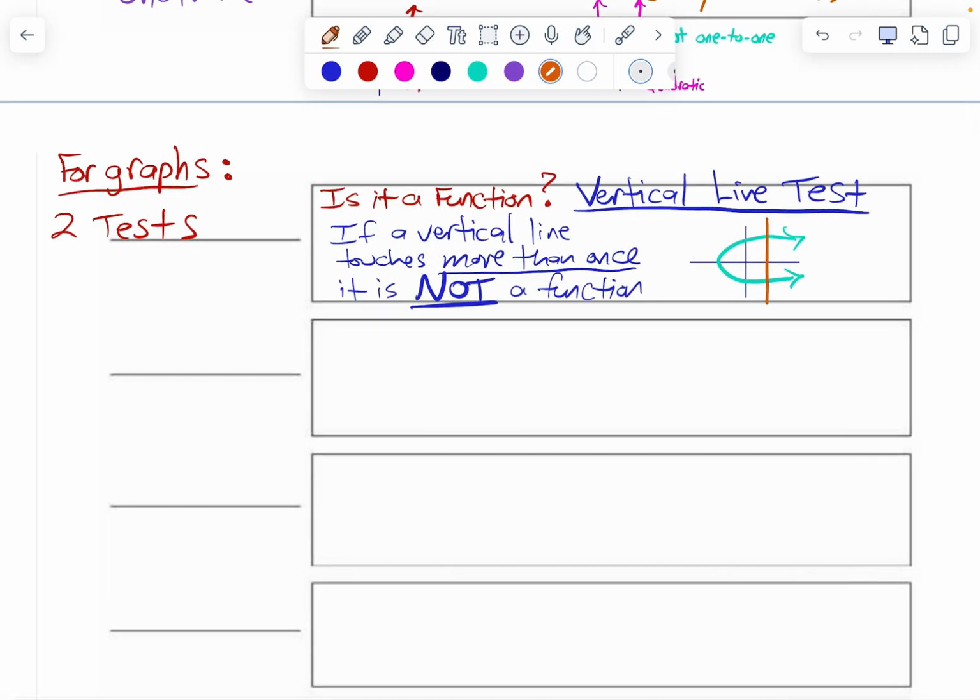There's our vertical line. If it touches more than once, it's not a function, right? So not a function. And the reason why is that I'm drawing a vertical line on one x value. If I hit the thing more than once, it's giving two y values, or perhaps more.